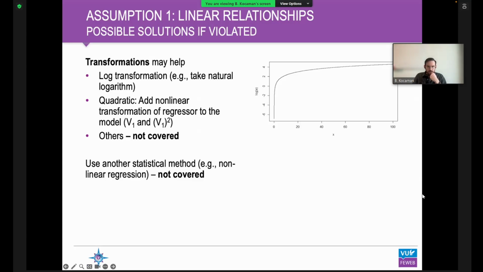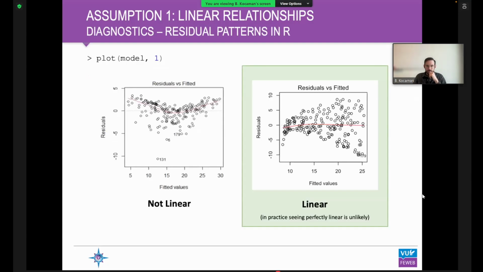The 1 in the code stands for the fact that there are 4 plots in that object. We will see them as we move along. The first one is the fitted versus residuals plot. If you put 2, 3, or 4 here, you will get different kinds of plots. We will see them soon.